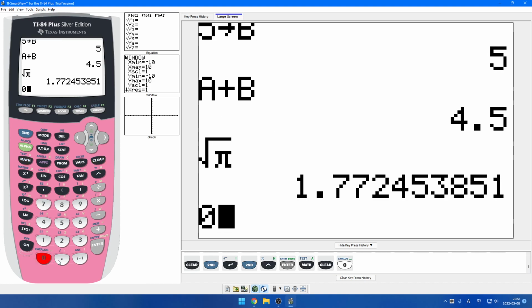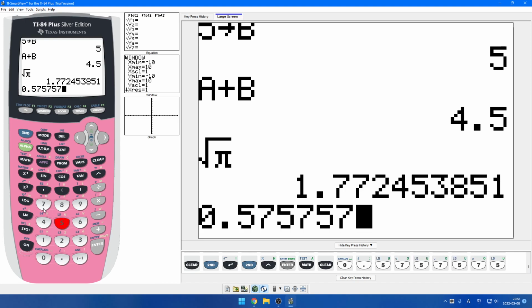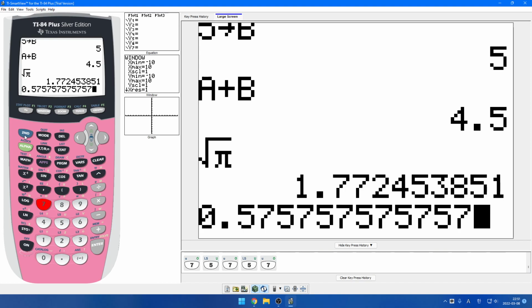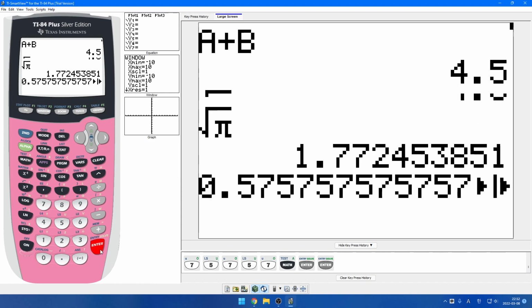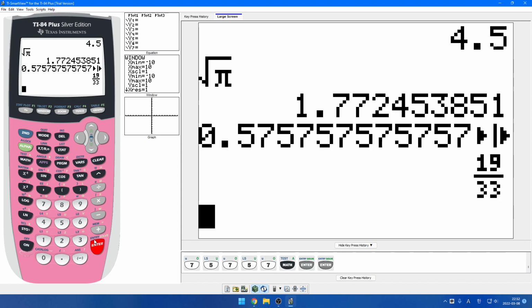If you put in 0.575757575757 and change that to a fraction, I write math, frac, and then I see it's 19 over 33. So again, remember math, frac, enter.